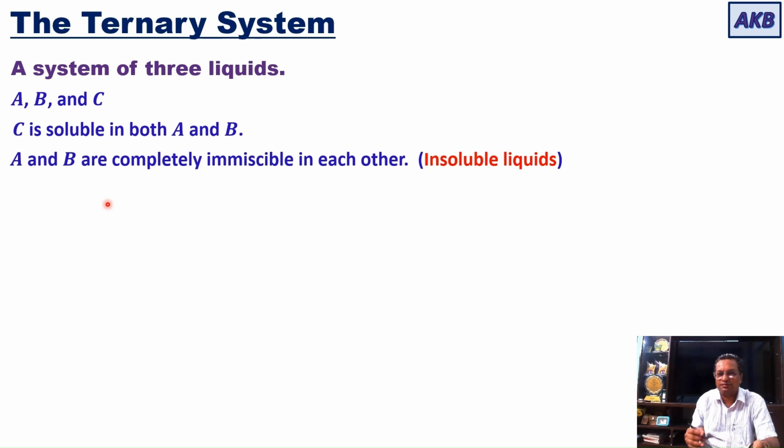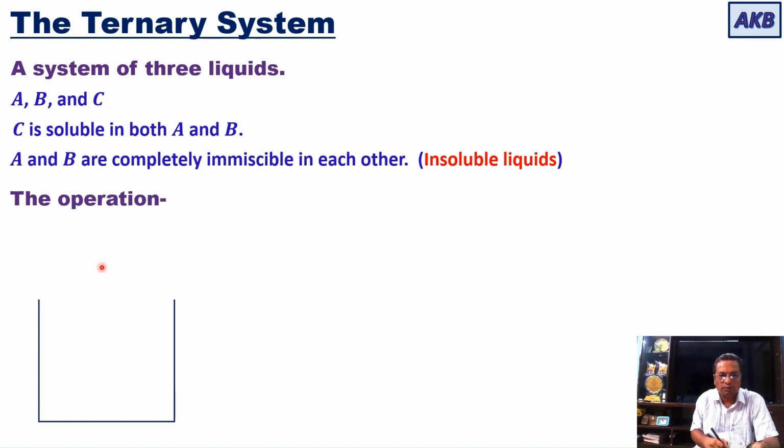So you have a system of three components, three liquids A, B and C. C is the solute. It is soluble in both A and B. But A and B are completely immiscible in each other. These are the insoluble liquids. Now let us try to understand the operation with a schematic diagram.